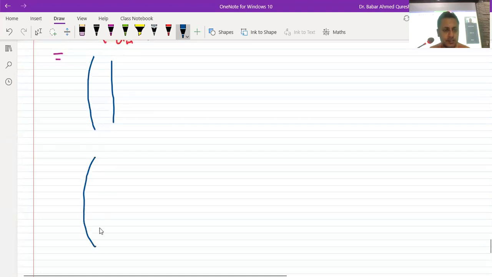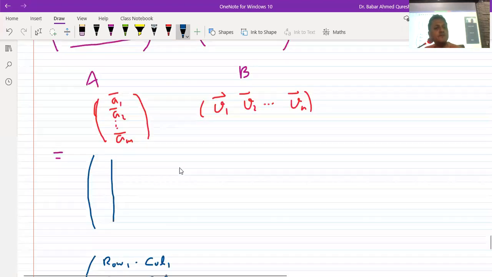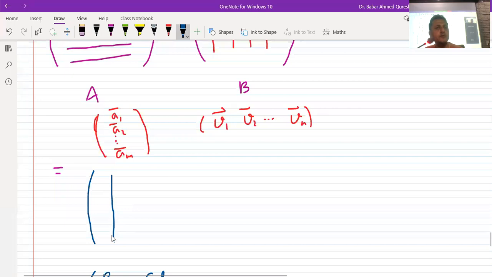So let me even write it like over here. Row 1 dotted with column 1, row 2 dotted with column 1. Take all the rows and keep dotting them with the same first column of the other matrix. And that gives you a column that you put in the matrix you are building up.